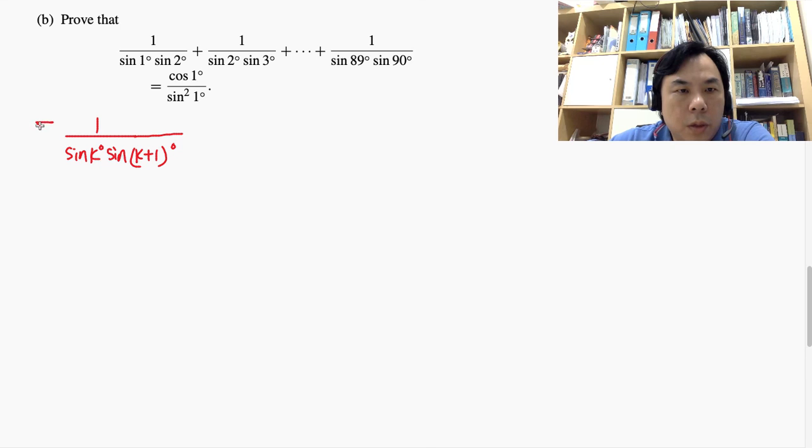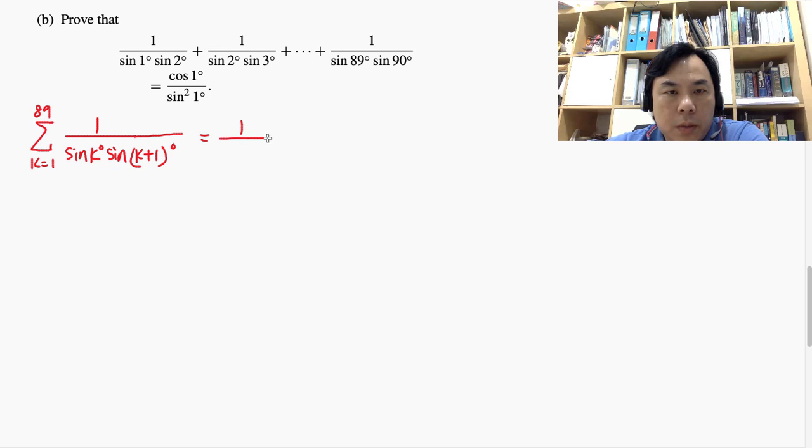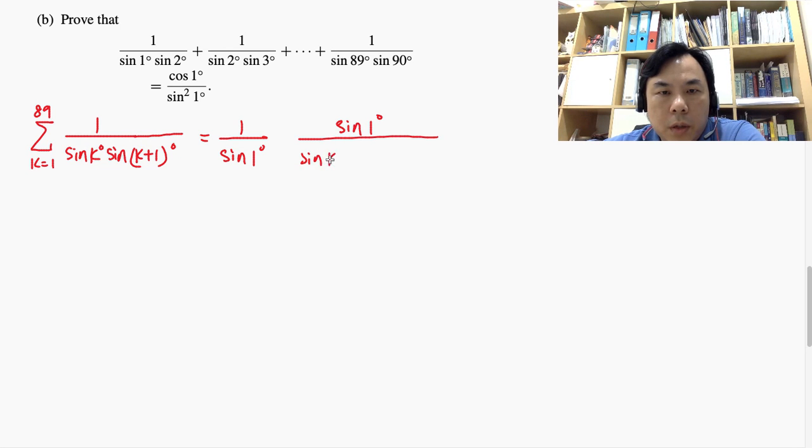So we are looking at the sum from k equal to 1 until 89 here. Now this one can be written as sine 1 degree over sine k sine k plus 1.